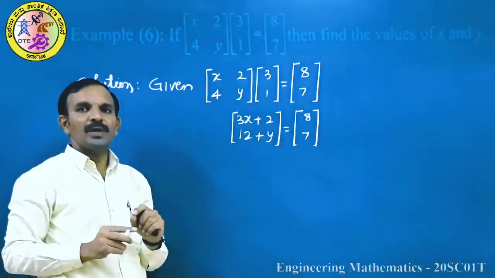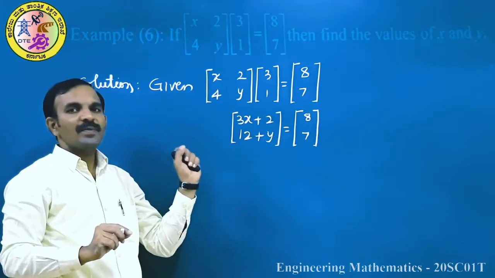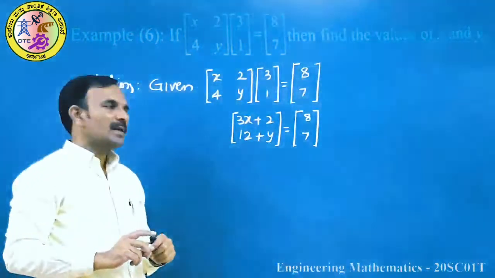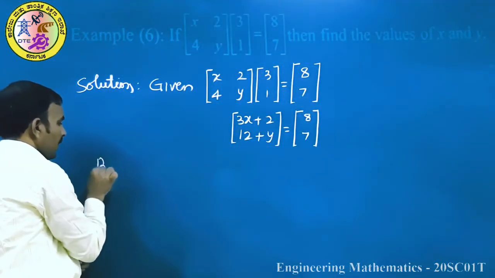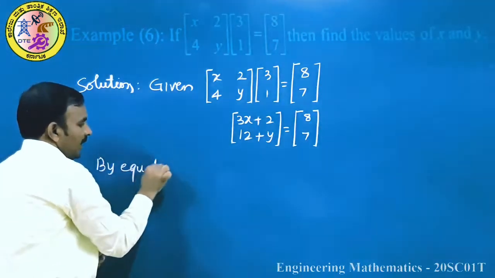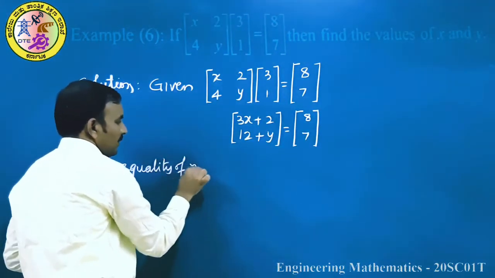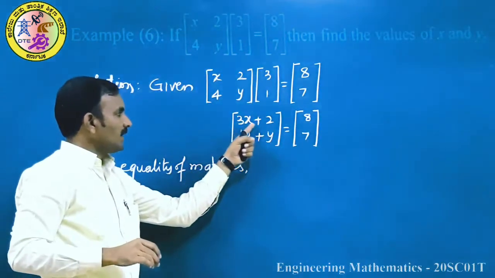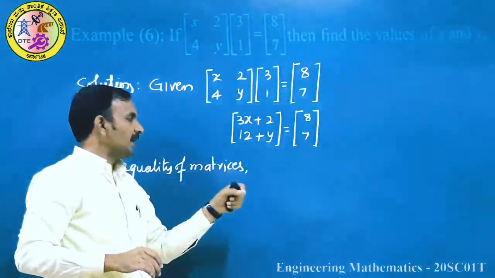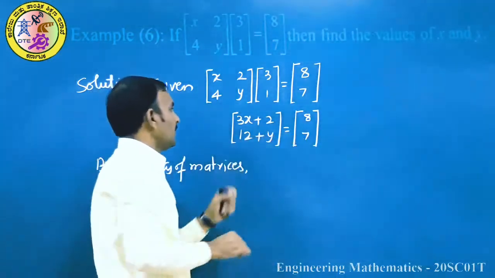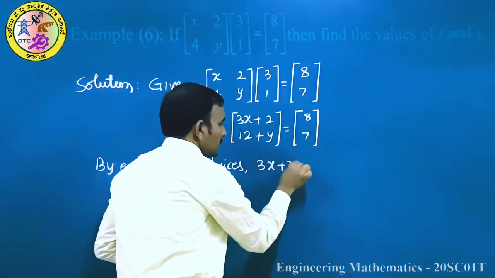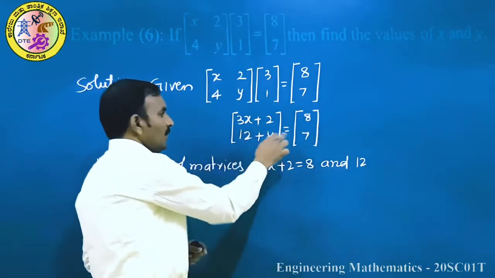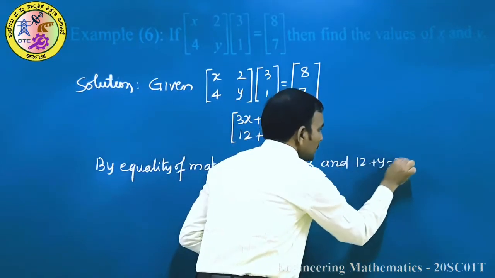In between there is an equal sign. By definition of equality, corresponding elements are equal. For two matrices to be equal, their corresponding elements must be equal. That is, by equality of matrices, what you are going to get: 3x plus 2 equal to 8, and 12 plus y equal to 7.